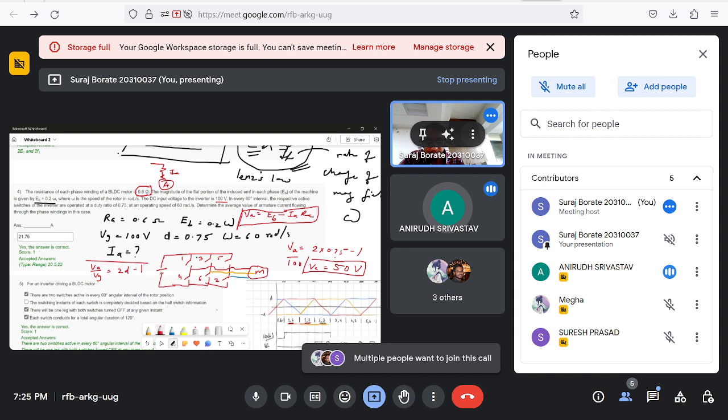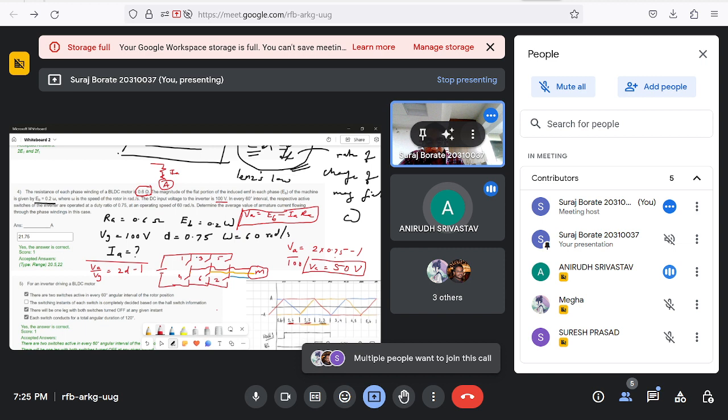So the solution would be 50 is equal to 24 plus 2 times 0.6, that is the resistance, into IA, since IA is unknown. Doing the reverse calculation, we get 21.67 amperes.